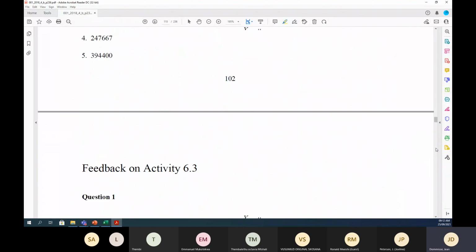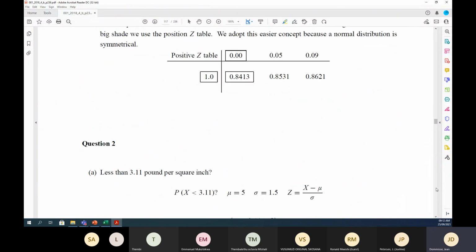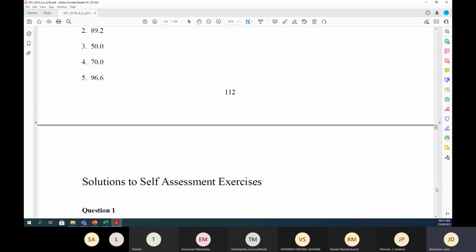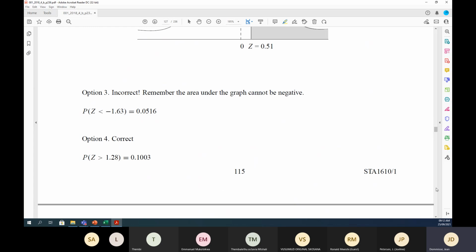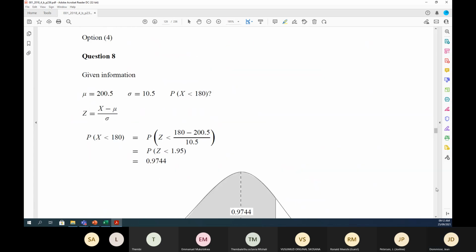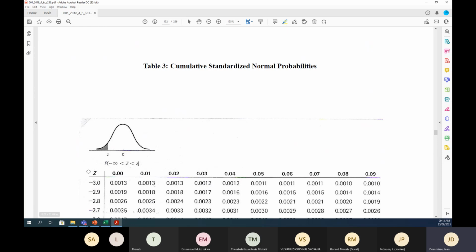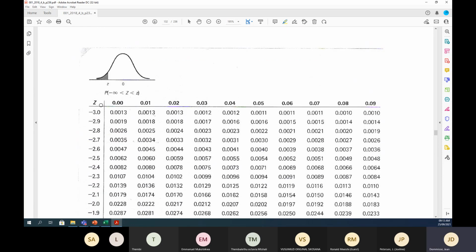So that question tells us if it's a normal distribution, Z is always equal to 1. So let's go to the table that way. So this is a normal distribution. That is z-score.